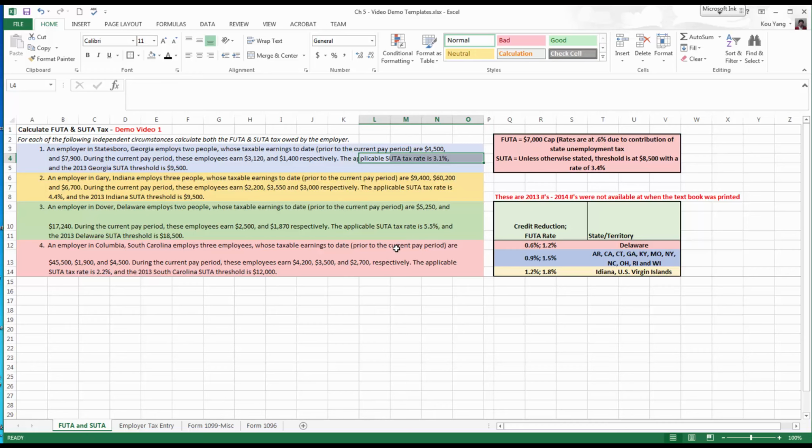If nothing is given, let's assume that the SUTA tax rate is 3.4% and a threshold of $8,500 across the board. But in some of these situations, the threshold and the tax rate will be given. With that being said, let's look at number 1.